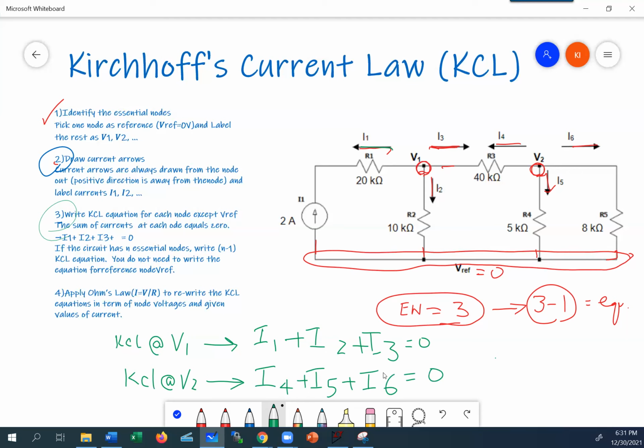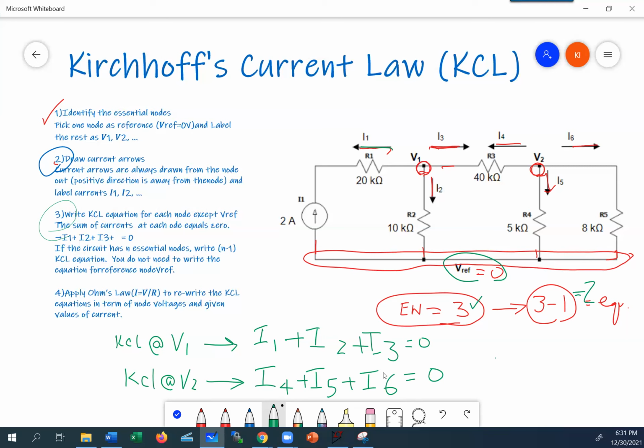So that's all you do in step 3. Since I had 3 essential nodes, one of them was a reference, and I do not write an equation for that. So I only had to write 2 equations. It's always, if you have n nodes, n minus 1 equations. This is an important concept to remember. That's all KCL says. Boom, done.